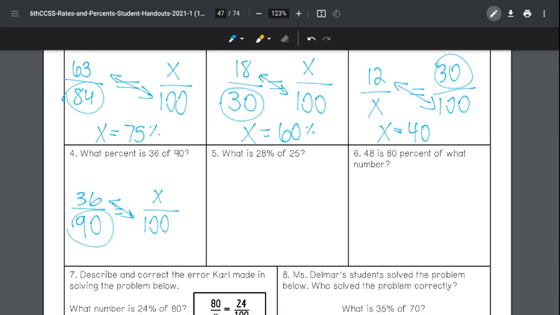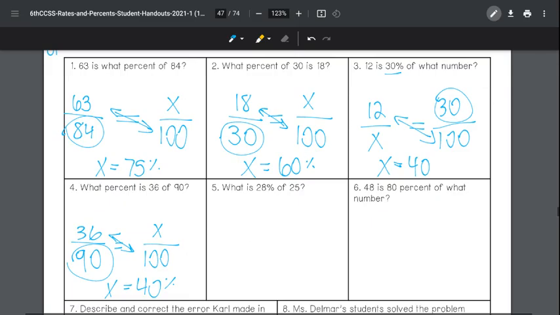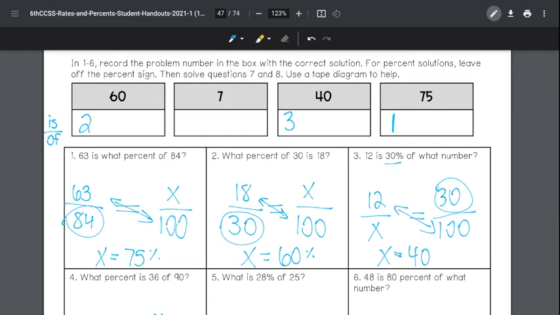So cross multiply and divide. 36 times 100 equals 3,600. We're going to divide that by 90 to figure out x is really 40%. Problem number 4 also has the answer 40.